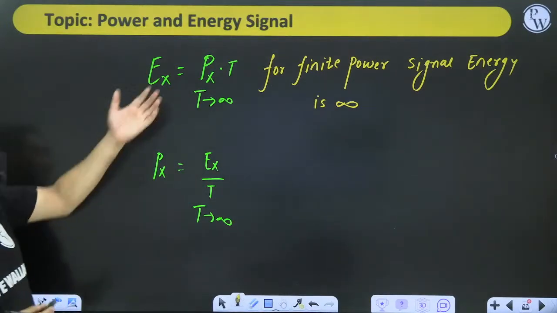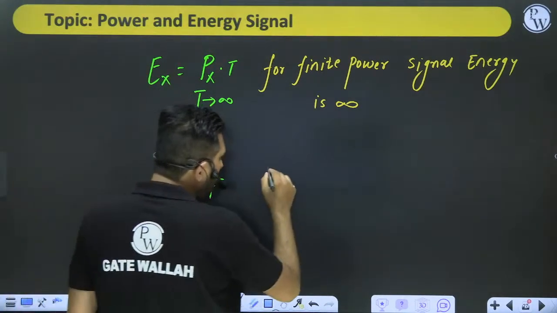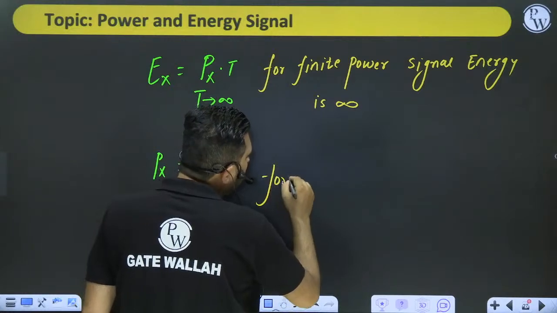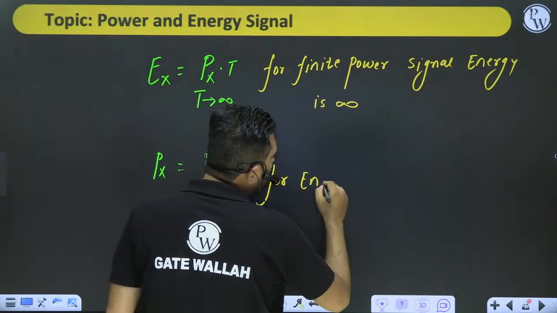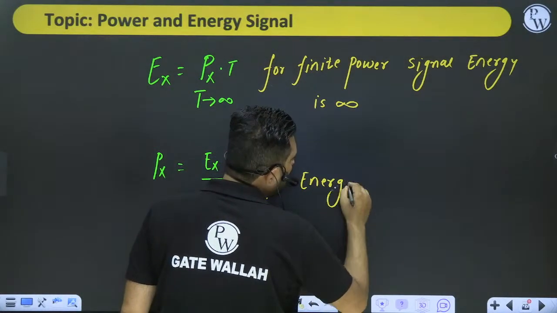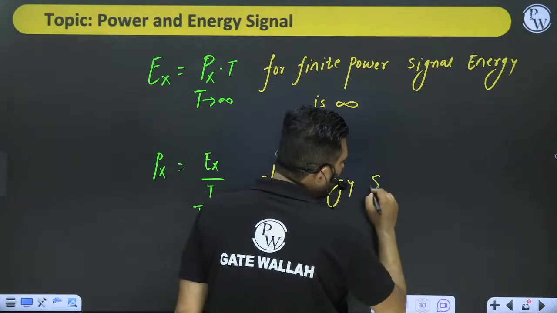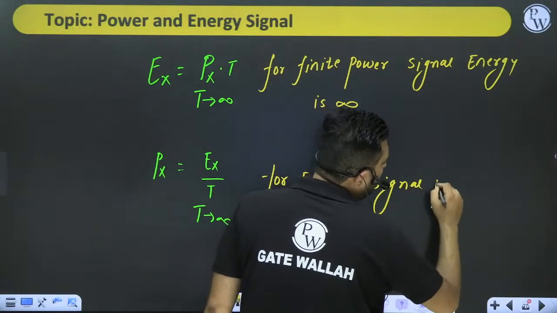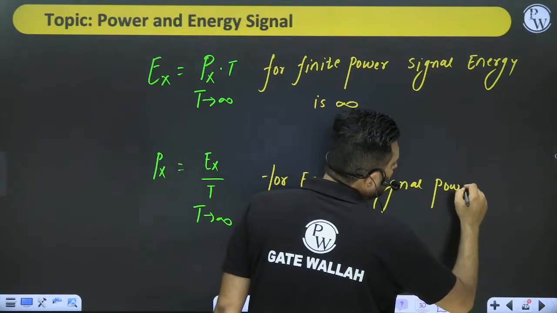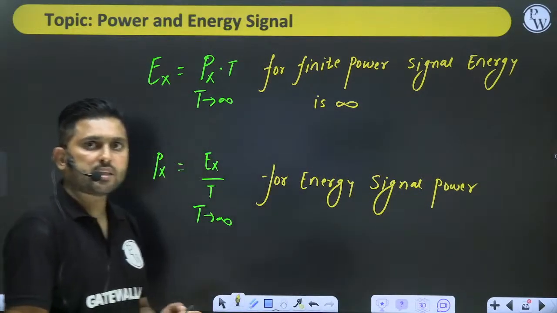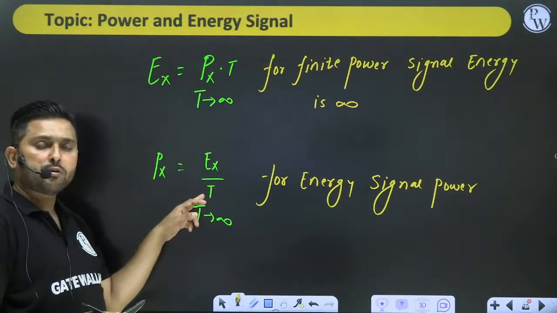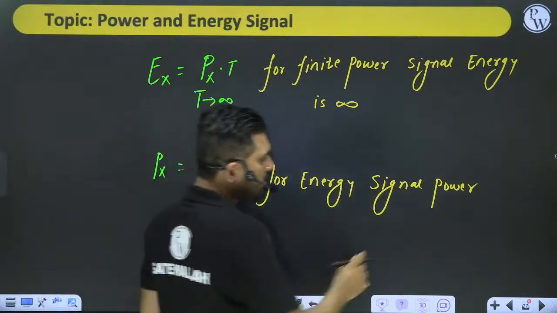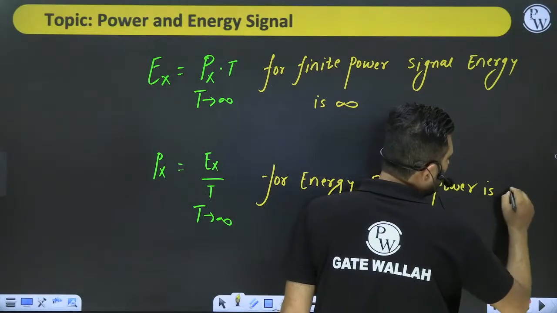If P is finite, energy is infinite. For a finite energy signal, see, if energy is finite, when you put T tending towards infinity, it becomes 0. Power is 0.